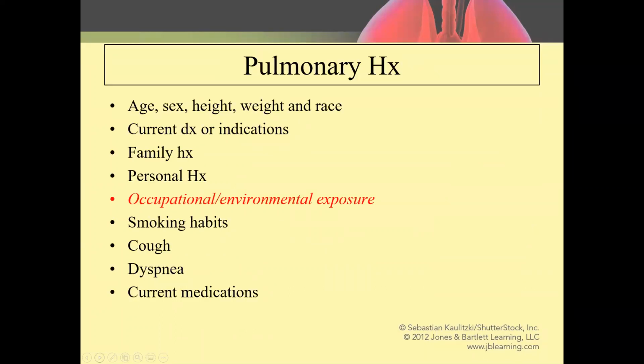Some of the other things you're going to look at: current diagnosis or indications for why the test is being done, family history, personal history, occupational or environmental exposure, smoking habits. And today, smoking/vaping habits is probably the more appropriate terminology. Cough, dyspnea, and any current medications the patient's on.